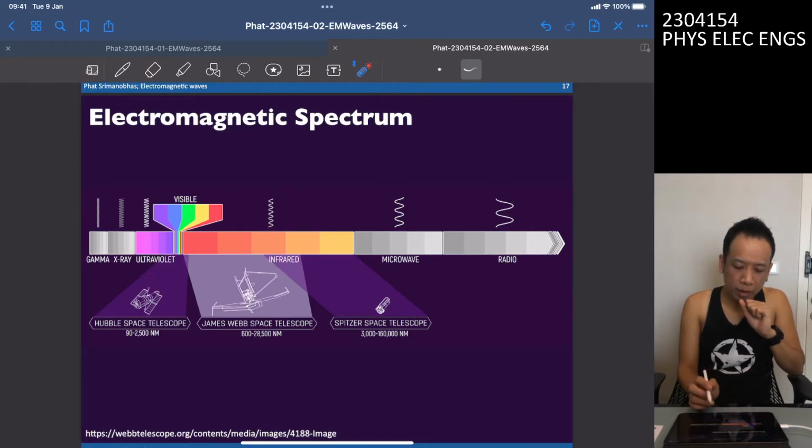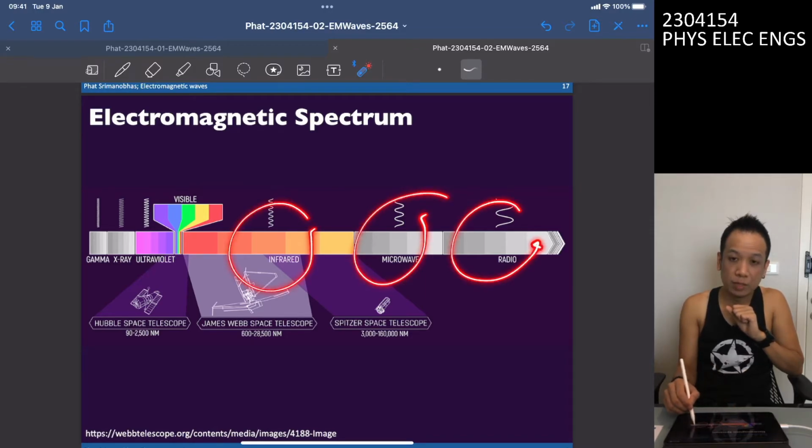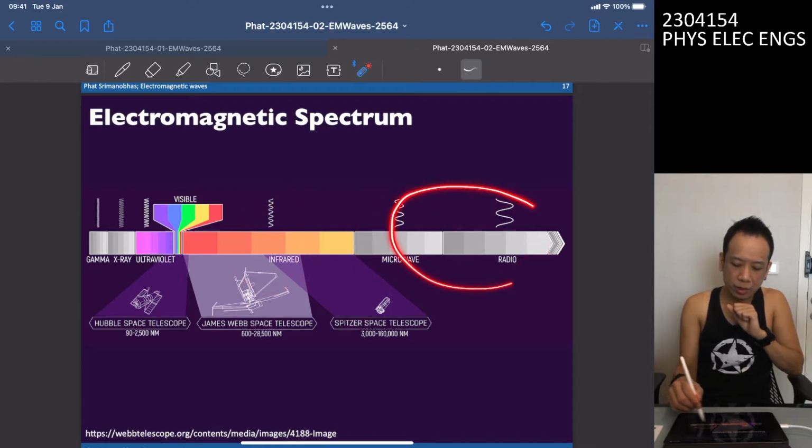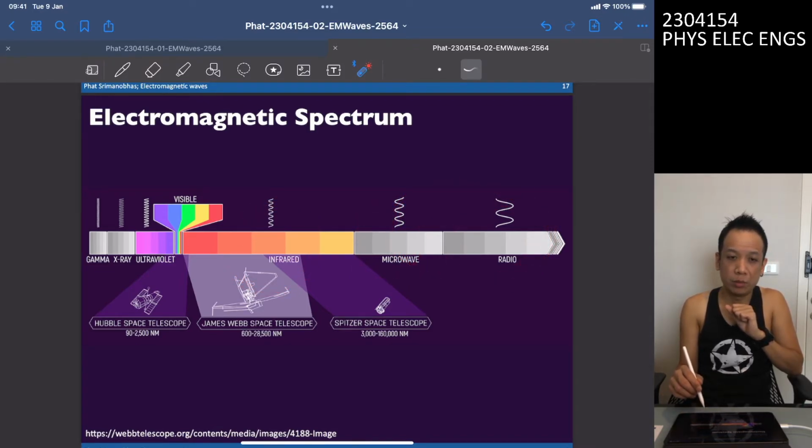But we may not sense something else if it doesn't really affect us. So the machines that we are making are basically sensitive to some region. For example, if you are making an antenna, it's sensitive to the radio or microwave region.